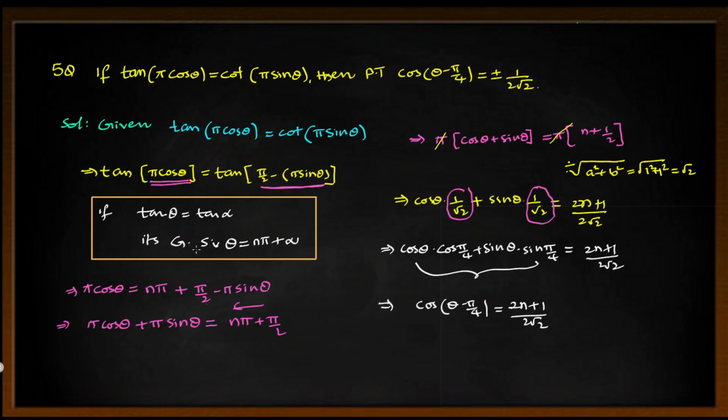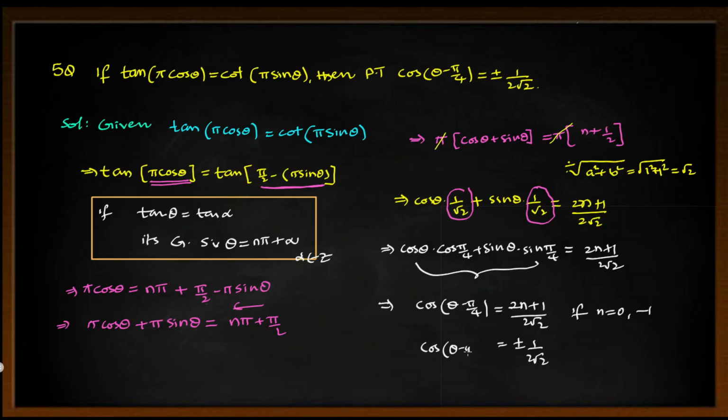But we know one more thing: for the general solution, n belongs to Z, integer. So here, if you put n equals 0: 2 into 0, 0 plus 1, so it becomes 1 by 2 root 2. If you put n equals minus 1: 2 ones are minus 2, plus 1 is minus 1, so minus 1 by 2 root 2.